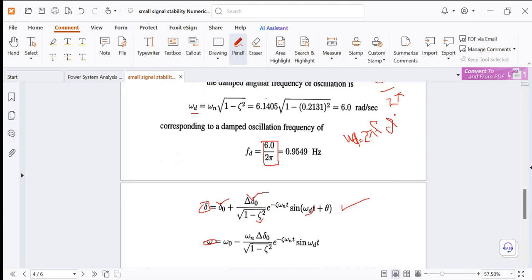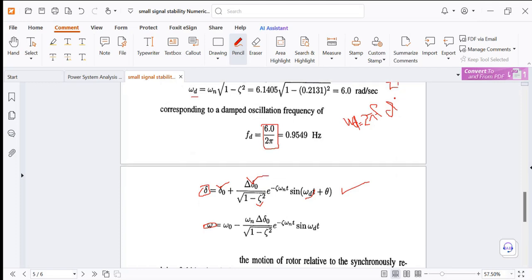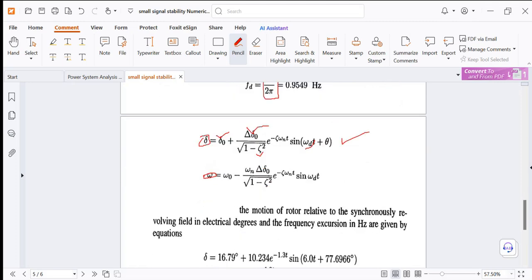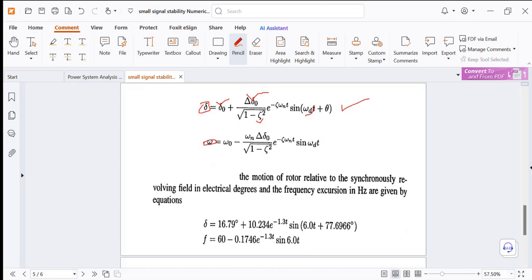So we are actually interested in finding out the value of angle delta and omega. The angle delta is basically the motion of the rotor relative to the synchronously revolving field in degrees, and frequency excursion in hertz is given by f. So what are the frequency excursions? That is how fast your frequency is changing during the transient period.